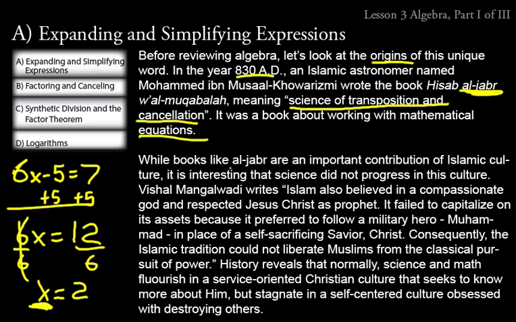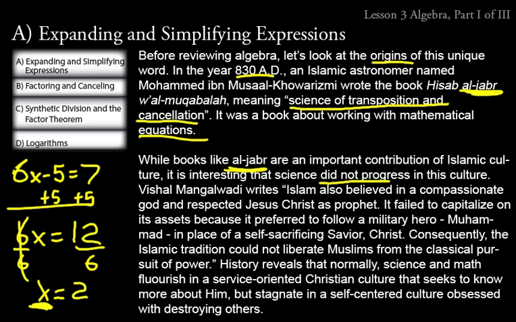So books like Al-Jabr are important contributions from the Islamic culture. It's interesting that science did not progress in that culture. Vishal Mangalwadi writes that Islam also believed in a compassionate God, like Christians do. They respect Jesus Christ as a prophet.